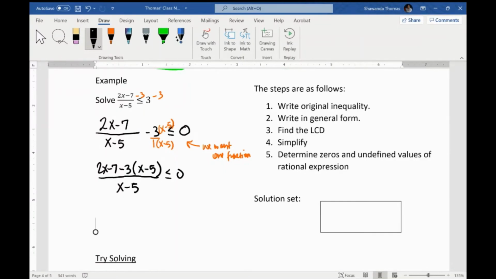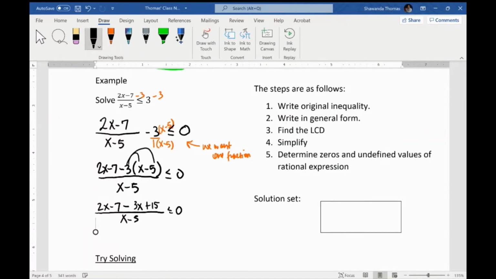Now we have 2x minus 7. Let's distribute here. What do we get? Negative 3x plus 15, correct, over x minus 5.